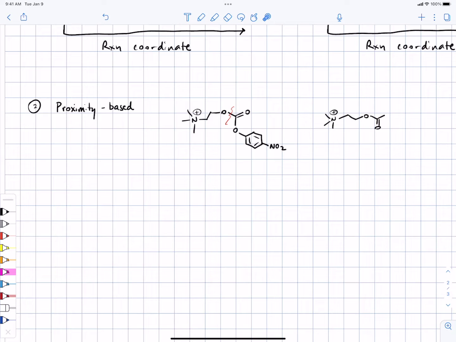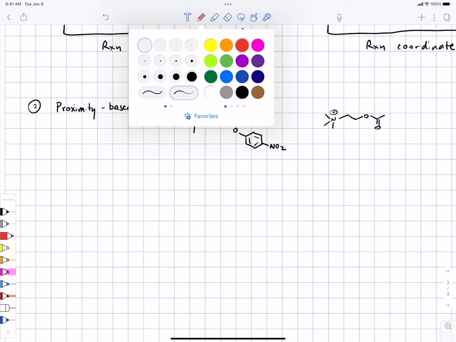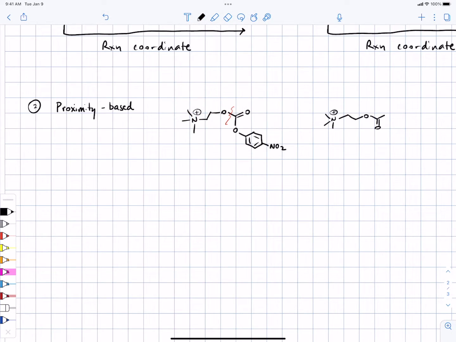And so the approach was, I probably should just copy and paste this, but instead we'll draw it, even though I don't really want to. Okay, so the approach was to use a cyclic polyether that could bind cations.